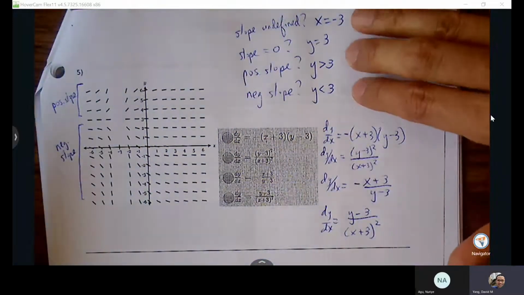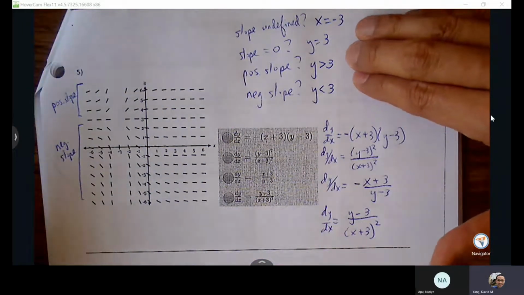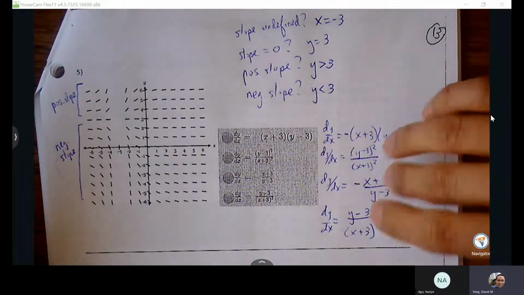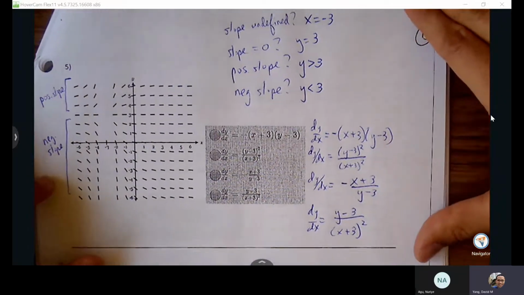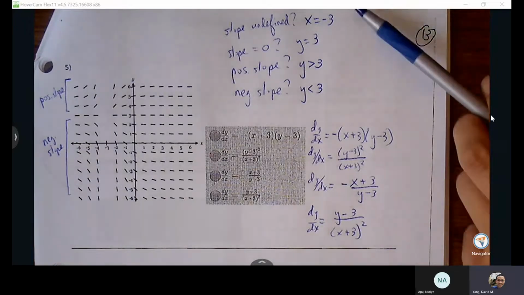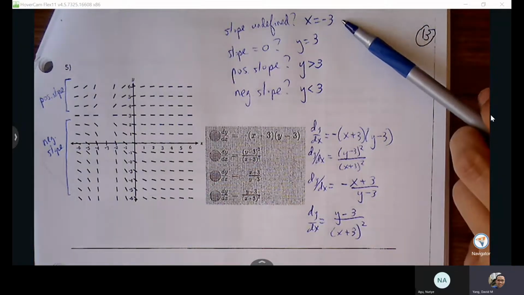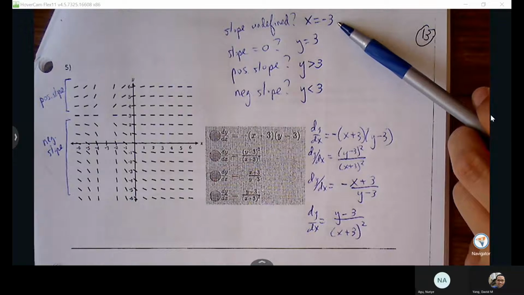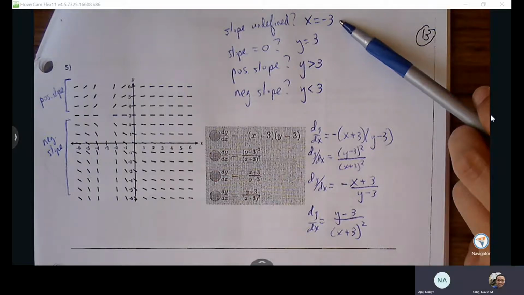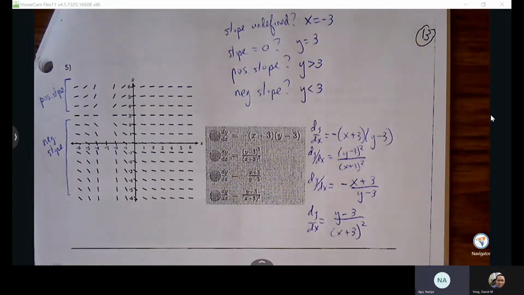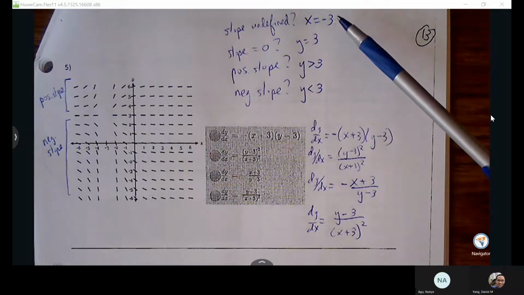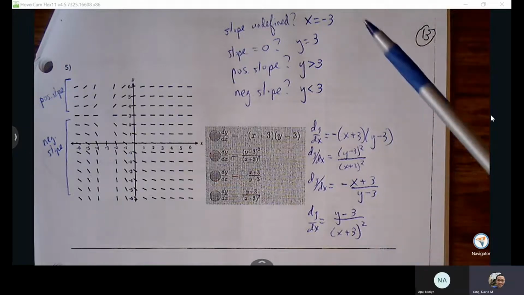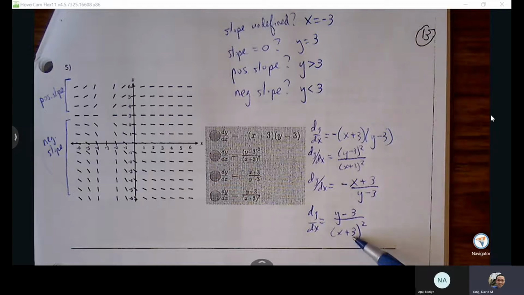So if we're getting all this detailed information, we should be able to eliminate the wrong choices and make our way down to just 1 or 2, right? So which one can we eliminate? It says slope must be undefined at x equals -3. We can eliminate D and B. So if I plug -3 in for x, am I getting undefined slope?